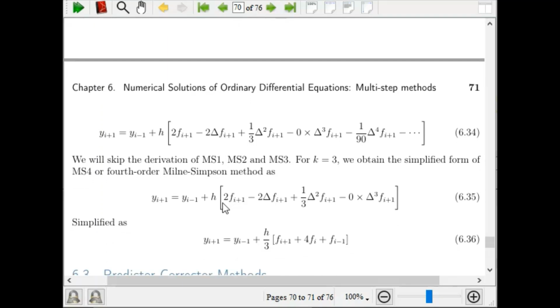So for MS4, we have that, and when we do the appropriate substitution and simplify, this is our MS4. So this is also a corrector method. We are looking for i+1, and there's an i+1, so it is an implicit scheme.